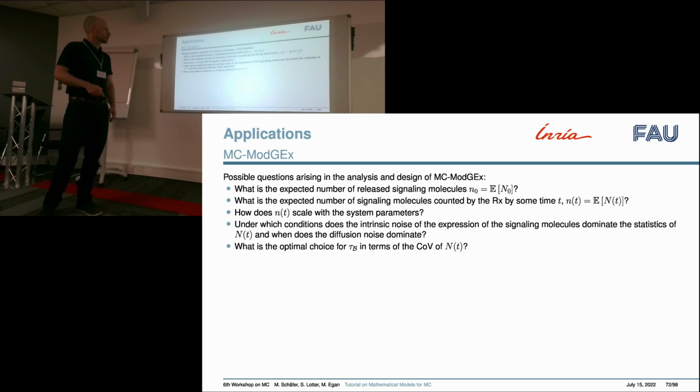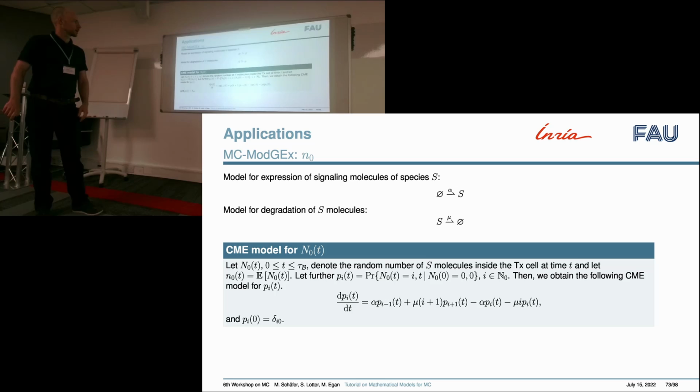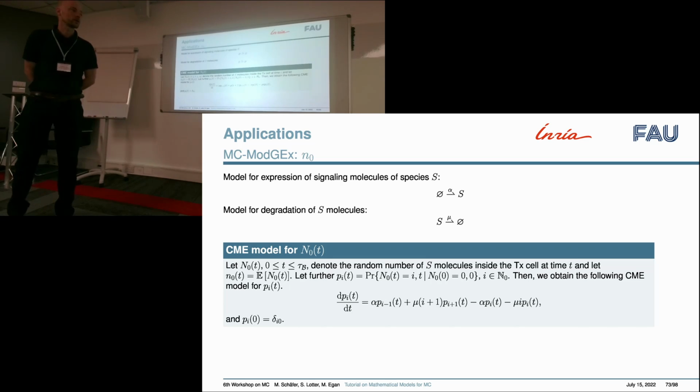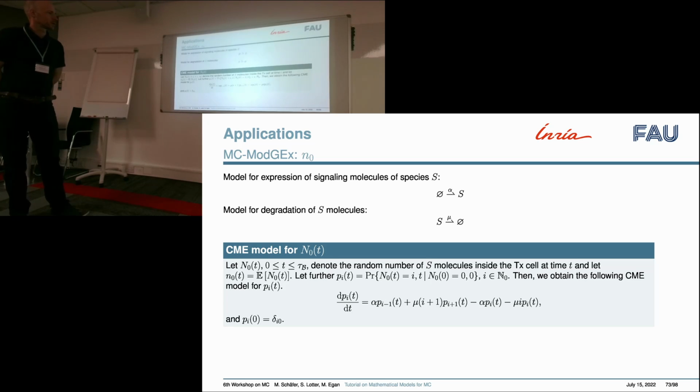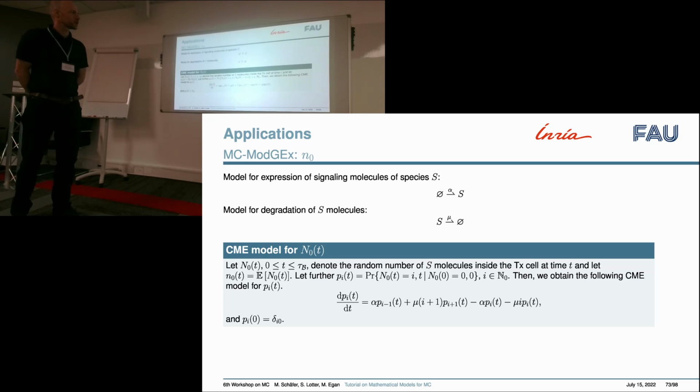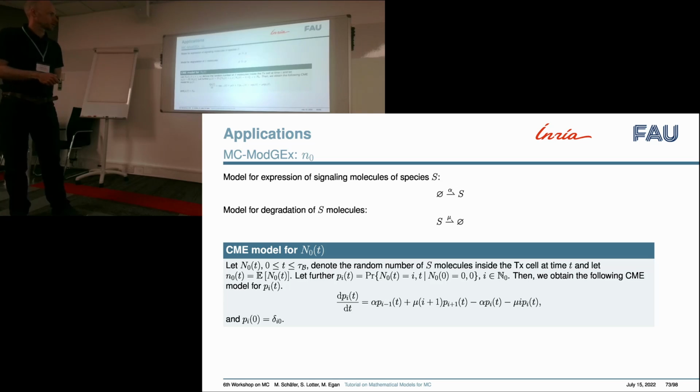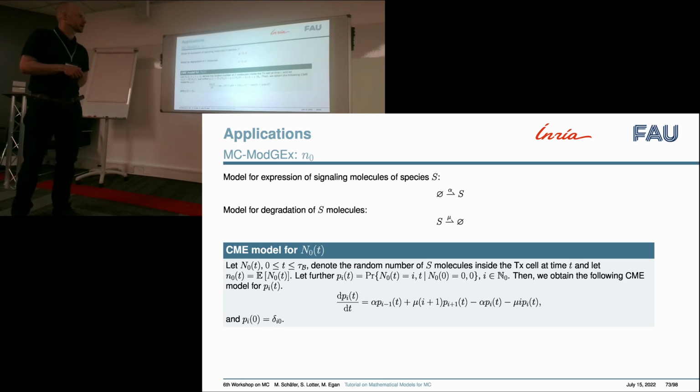Okay, so in the following, we start with simple models, and then we go on to more complicated ones in order to show what insights they could possibly provide us. So first of all, for the expression of the signaling molecules, we assume the following model. We have two reactions inside the bacteria.